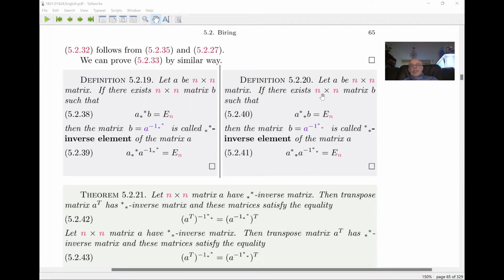If there exists an n times n matrix B such that equality 40 is true, then the matrix B is called the CR inverse element of the matrix A.